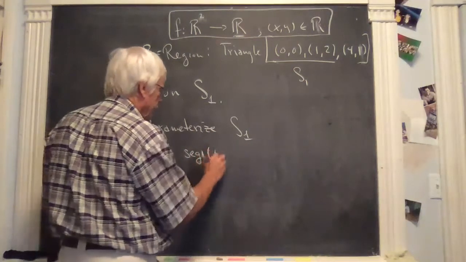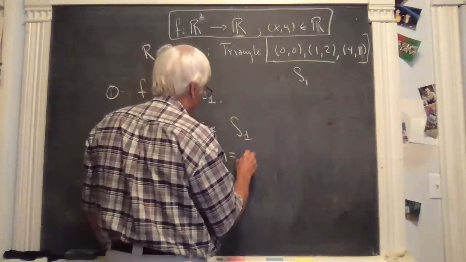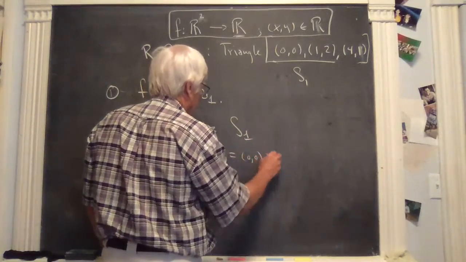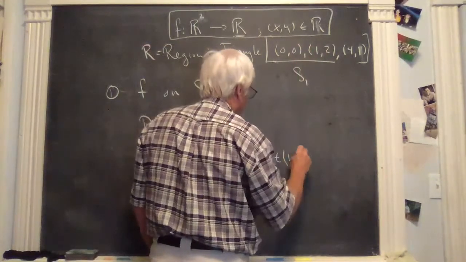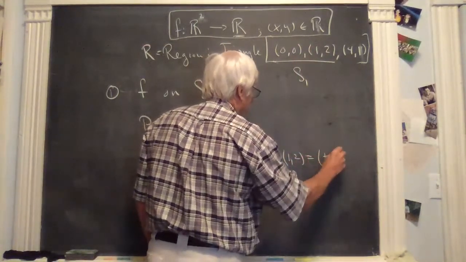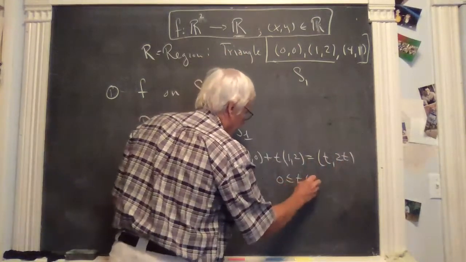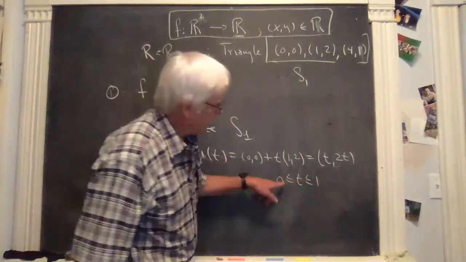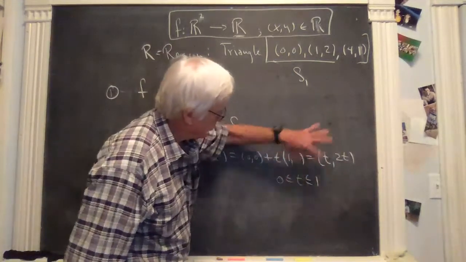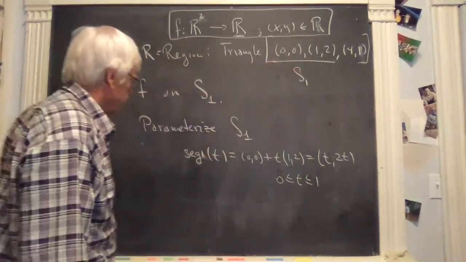Seg1 of t equals a point, 0, 0, plus t times the direction. The direction is 1, 2. So this is just t, 2t, with 0 less than or equal to t less than or equal to 1. Without this restriction, it defines the whole line. With this restriction, it defines exactly the line segment between these two.